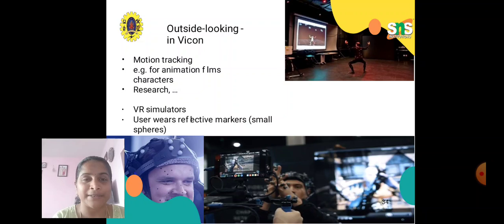For small spheres, the users should wear reflective markers. See the first one, the second one, the third and fourth one. Really, it gives a real world experience.